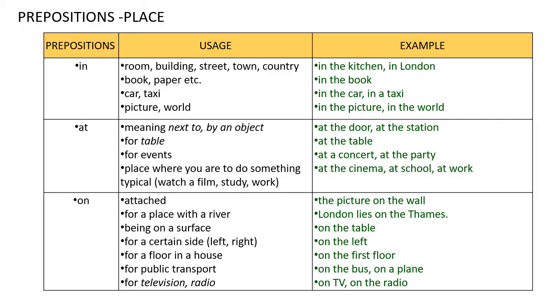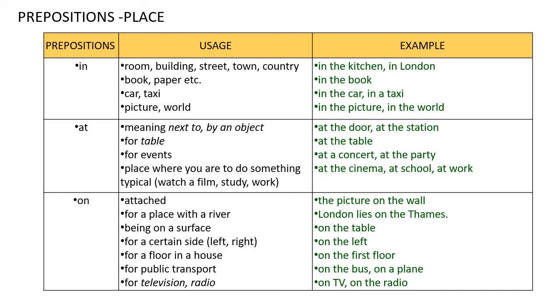Let's learn the prepositions of place. In. In is used with room, building, street, town, country, like in the kitchen, in London, etc. In is used with a paper, book, etc., like in the book. In is used with vehicles, car or taxi, examples: in the car or in a taxi. In is used with picture and world, like in the picture, in the world, etc. At is used to mean next to or by an object.